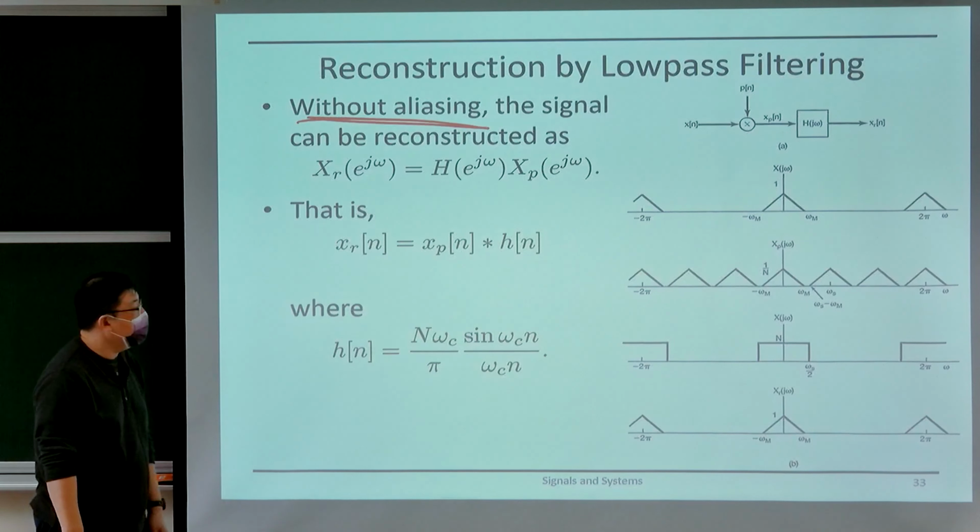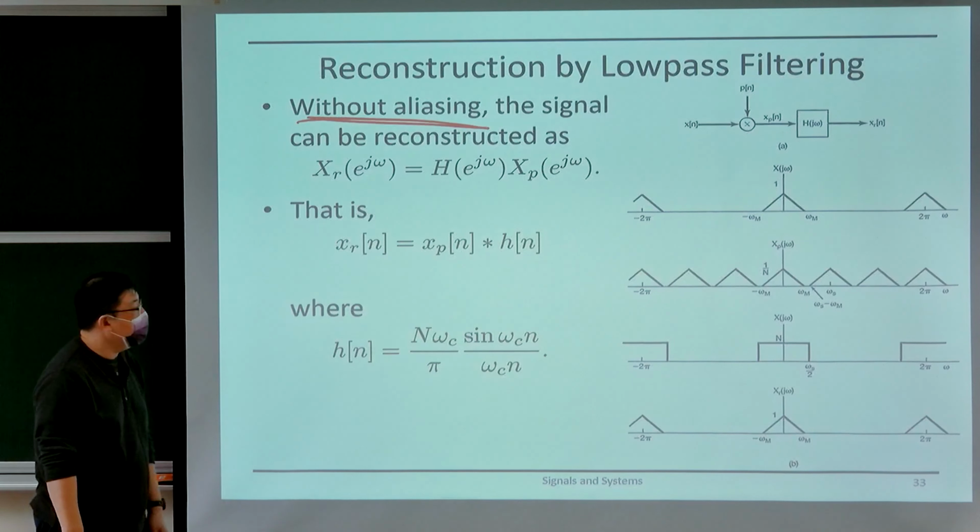This should be H. Through an ideal low-pass filter, you get back this spectrum here that is the same as the input. This operation gives you an exact interpolation of the original signal.